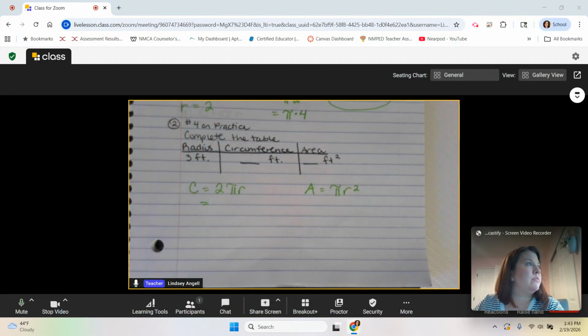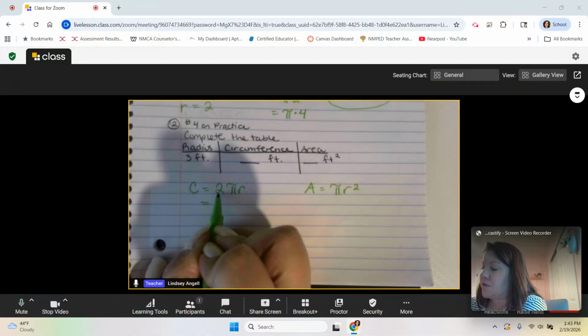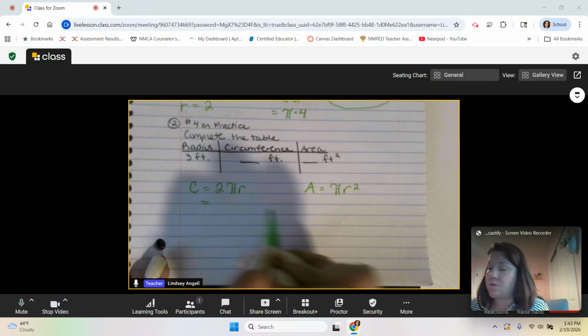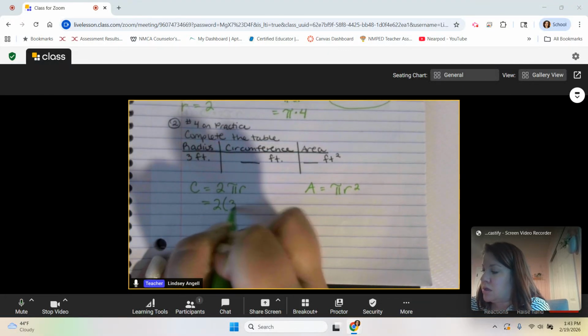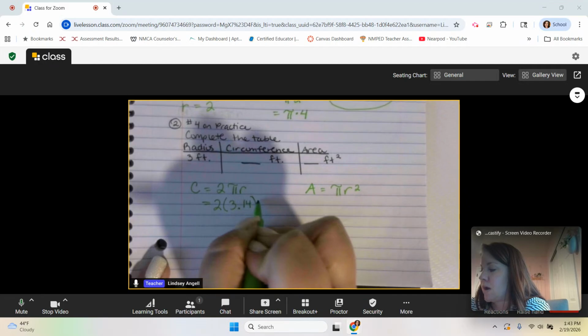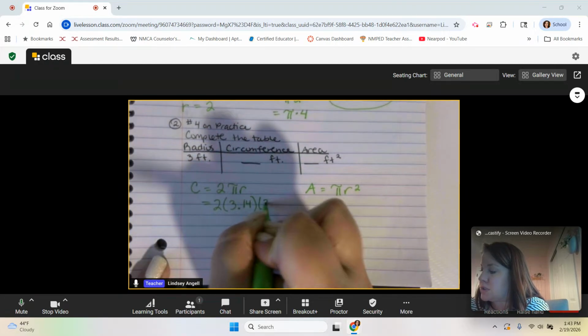I'm sorry, I left it off of this, but it says to express your answers to the tenth place, so we have to be careful of that. That must mean that we are using 3.14 for pi. So we've got 2 times 3.14 and then times the radius, which is 3.